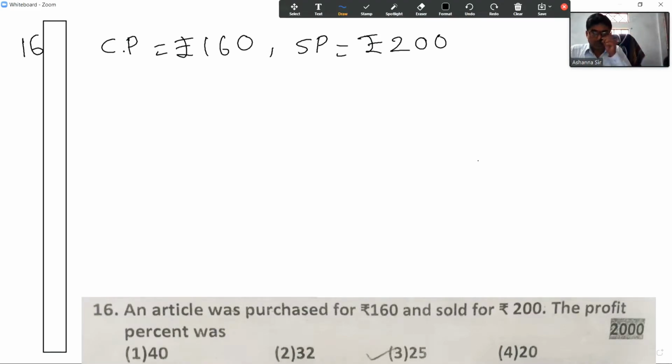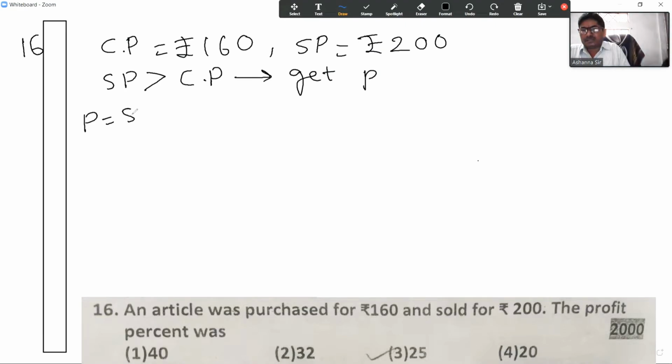We understood here selling price is greater than cost price, so we get a profit. Profit is equal to selling price minus cost price. By observing only we can identify 200 minus 160 is 40 rupees profit.